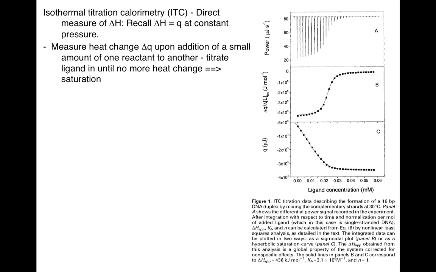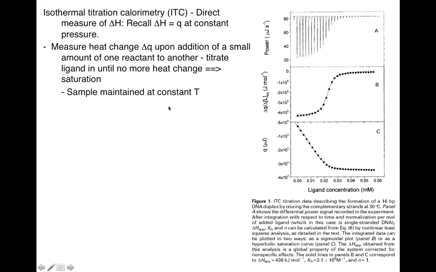The basic idea is that you're measuring the heat change when you add a small amount of one reactant into another. So you titrate the ligand into, let's say, our protein, until we get no more heat change, until it saturates. Okay, so if you look down here, we're just putting the ligand in at some concentration and we're watching the heat change and eventually it saturates.